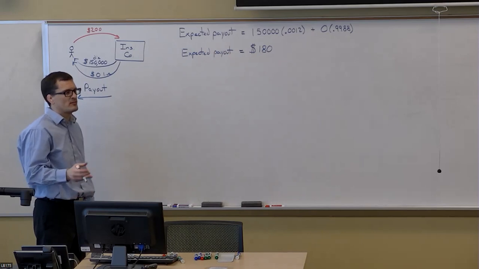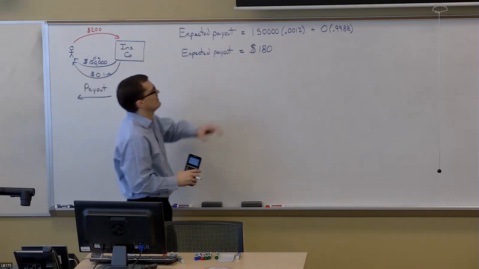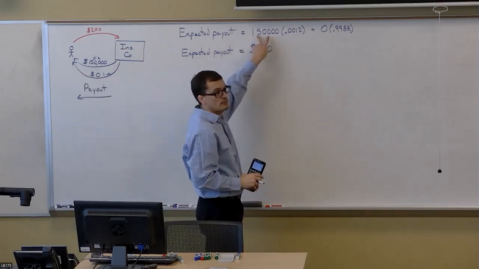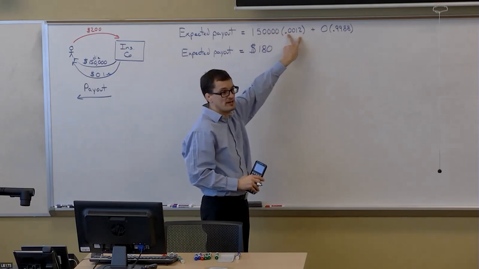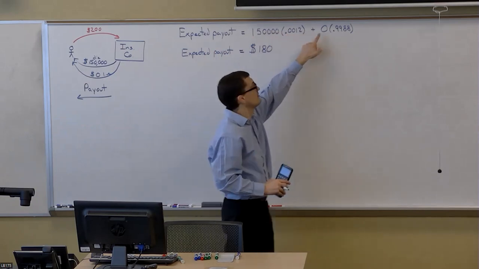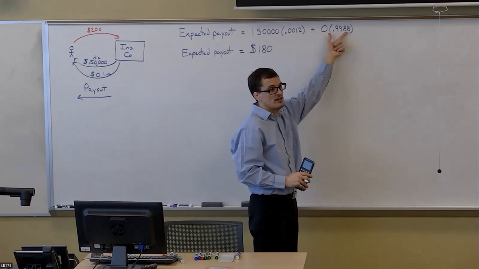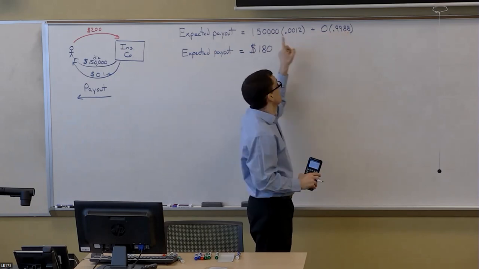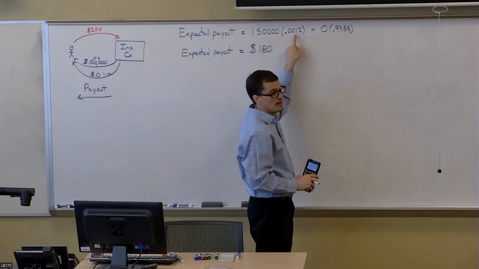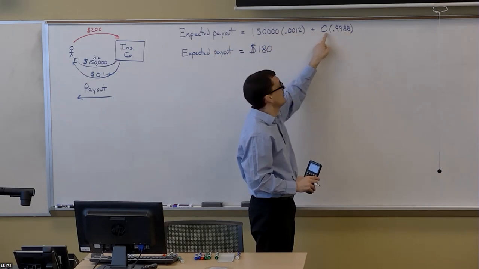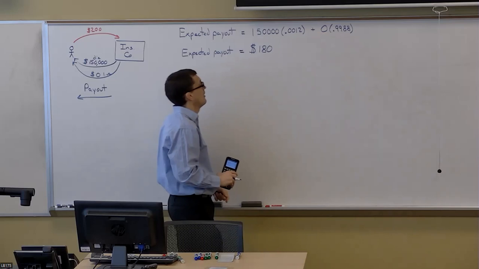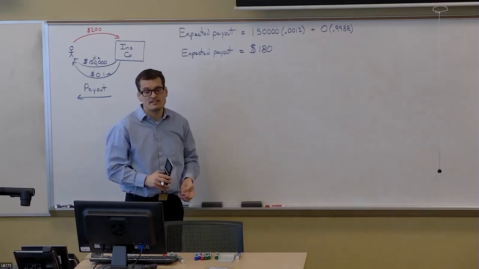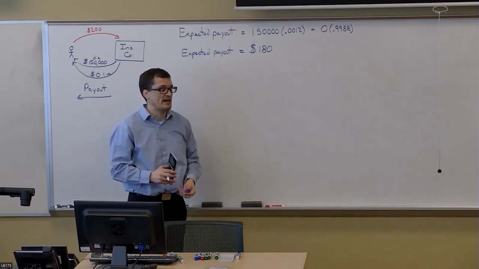Does that make sense? Why we're doing it the way we're doing it? This payout happens with this probability. This payout happens with this probability. So I just take each payout times the probability of it happening, and then I add those up. And I get my total average payout.